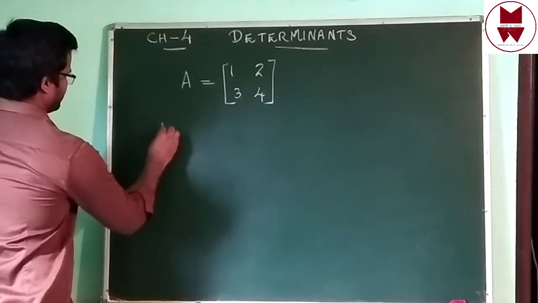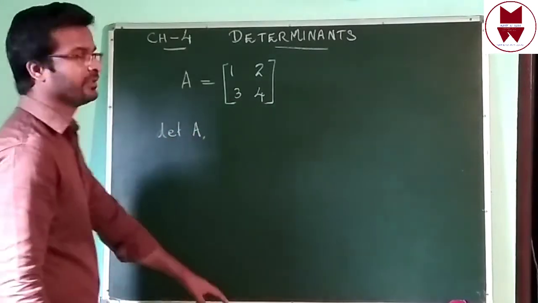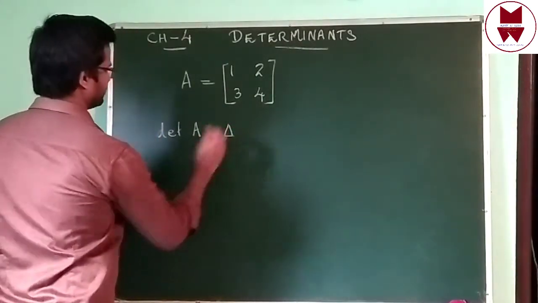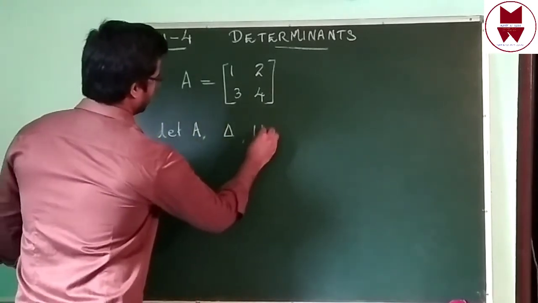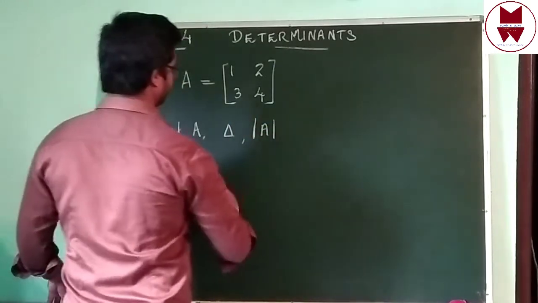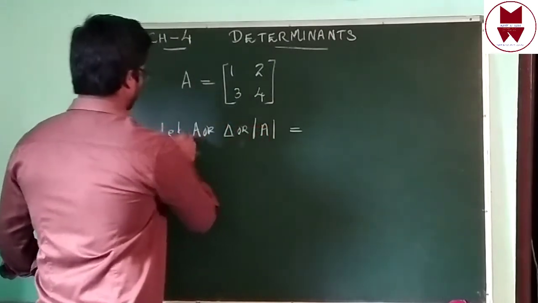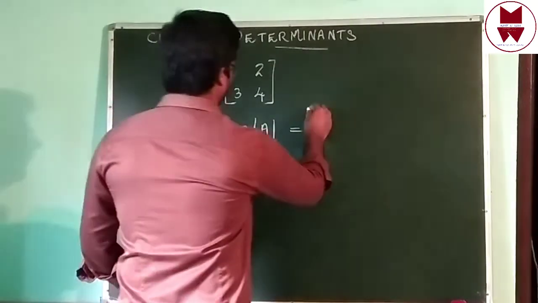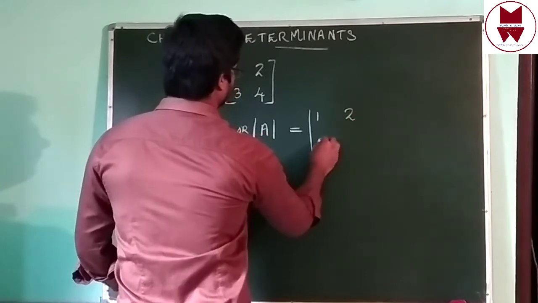We will represent the determinant as det A, otherwise delta, or the third symbol, determinant of A. We write the determinant of this matrix 1, 2, 3, 4.